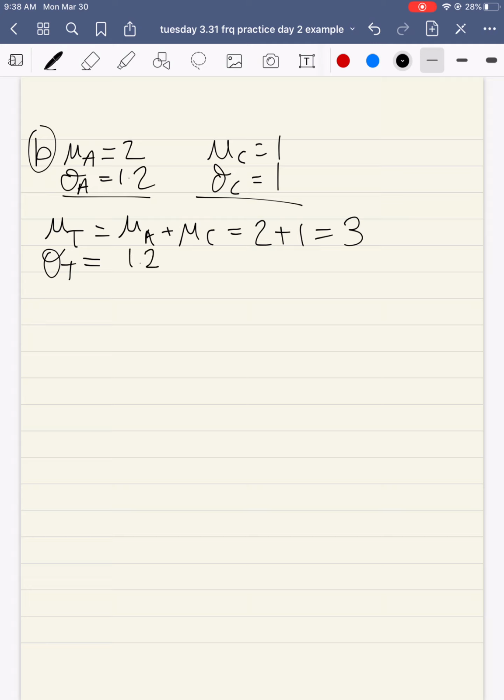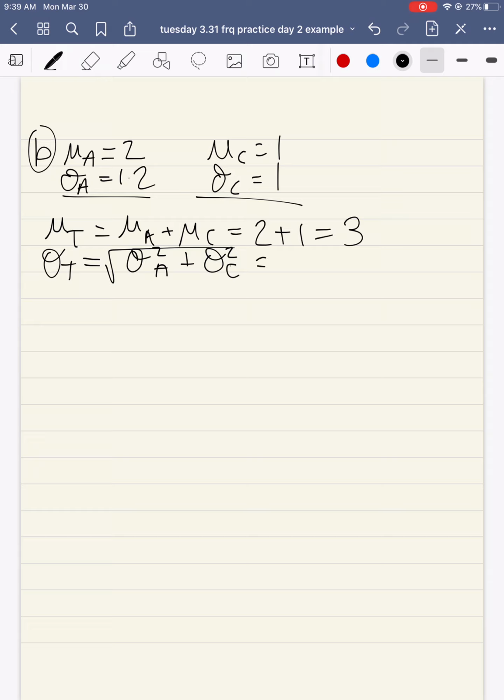So I need to do 1.2, well, let's just write this out in variable notation. So we need to find the variance and add them. Again, we always add our variance, not our standard deviation. Once we find that sum, we can then take the square root to return back to the standard deviation.